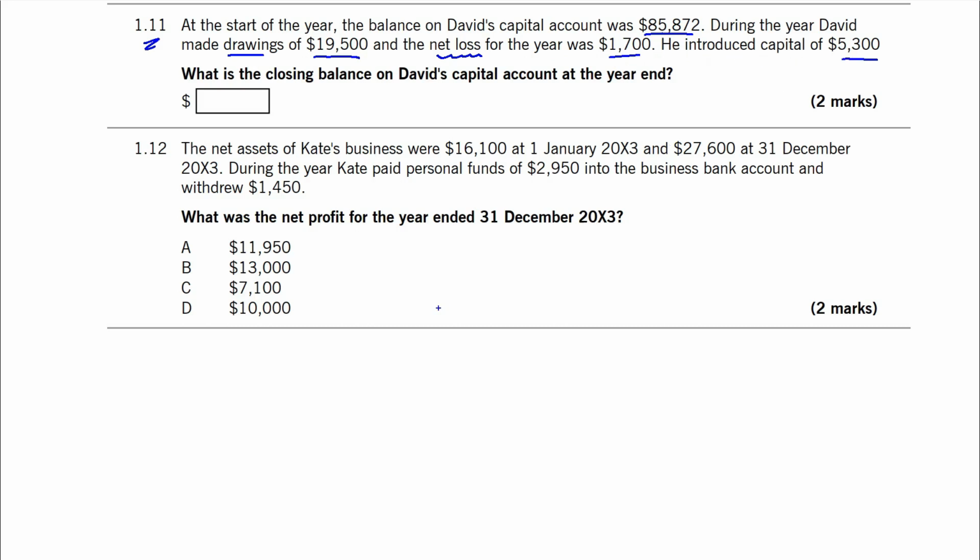Again, we are required to rewrite the same performance. So first of all, we have opening capital, then we add profit for the year, then we deduct drawings, then we add any additional or new capital, and finally we get closing capital.